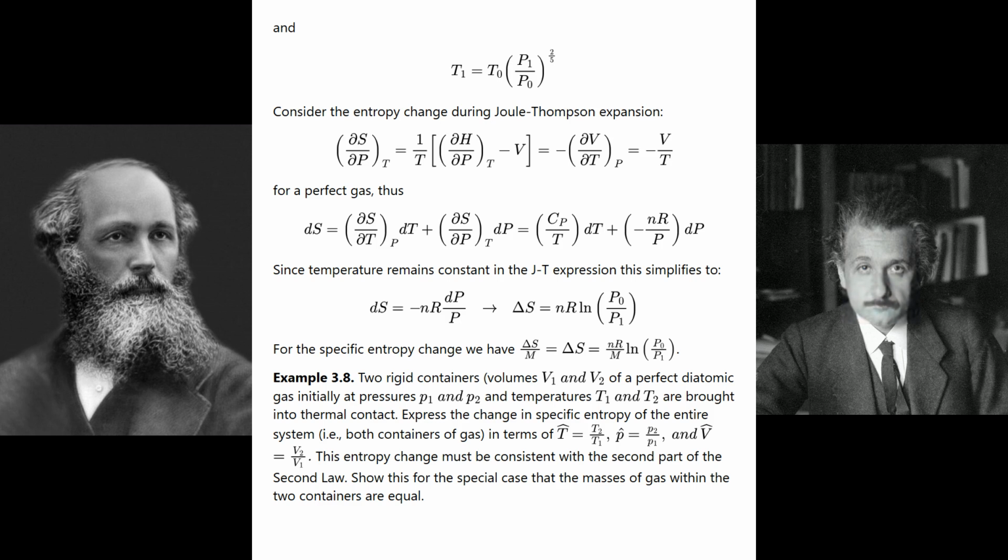Express the change in specific entropy of the entire system, i.e., both containers of gas, in terms of T equals the fraction T sub 2 over T sub 1, P equals the fraction P sub 2 over P sub 1, and V equals the fraction V sub 2 over V sub 1. This entropy change must be consistent with the second part of the second law. Show this for the special case that the masses of gas within the two containers are equal.